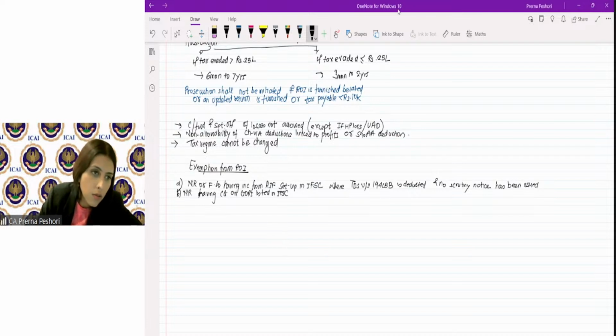Okay. So, non-resident having income from AIF.